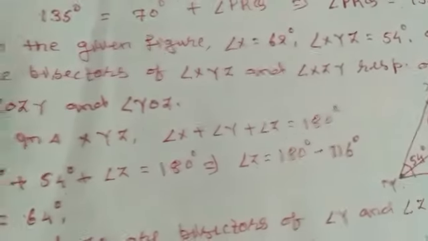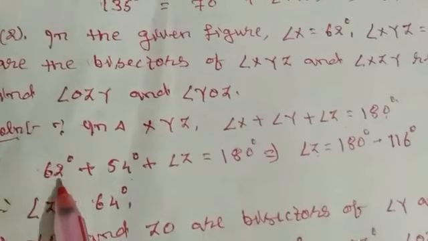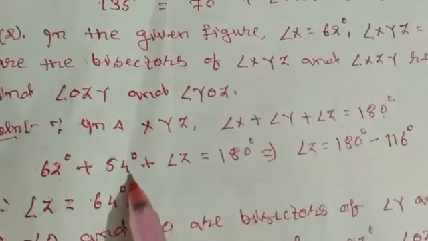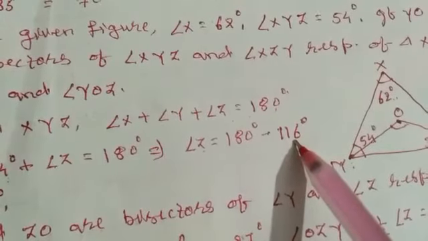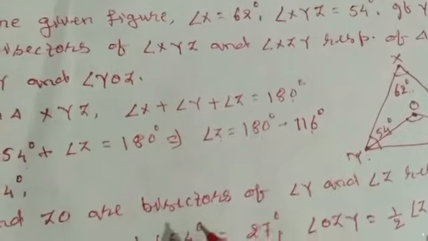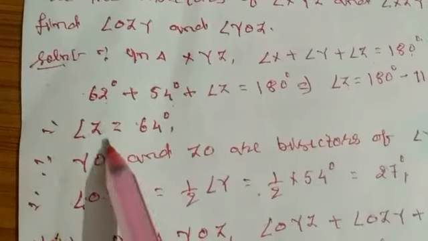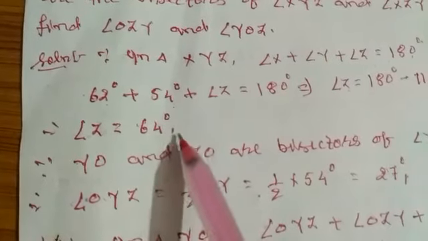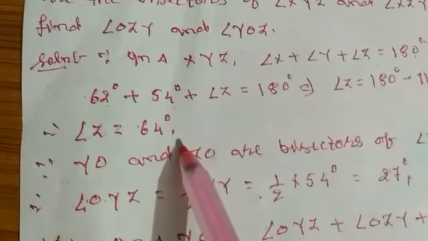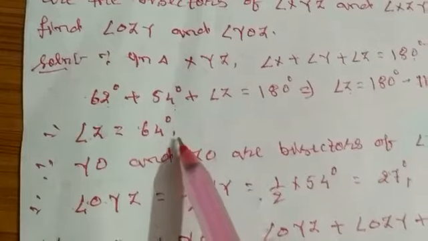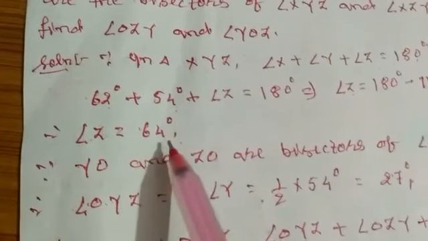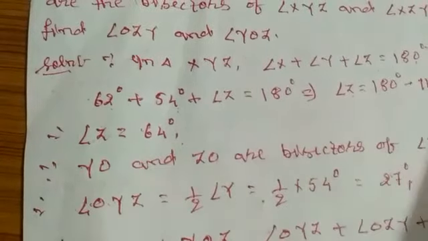When you add 62 and 54 degree, you will have 116 degree. So, on subtracting it, we have angle Z equals to 64 degree. That is 180 minus 116, that is equal to 64 degree.